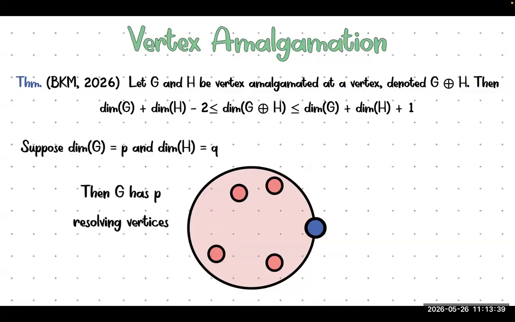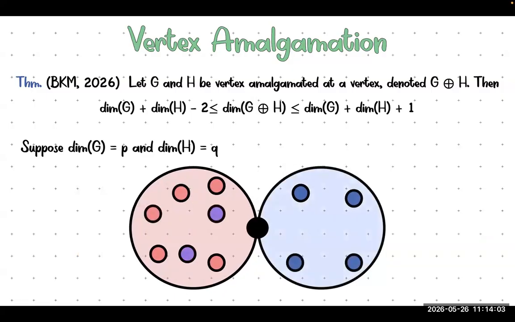If we remove one, it has P resolving vertices. And as we said, the red side has at least metric dimension P, so this could resolve the graph. But if we remove one more, then it has P minus one resolving vertices, which is a contradiction because the dimension is at least P. Okay. So we can remove at least one from each side.